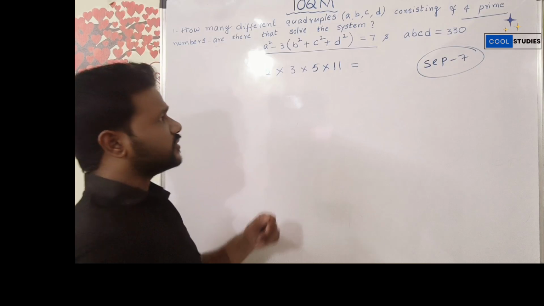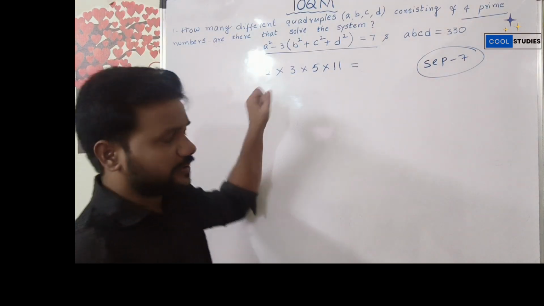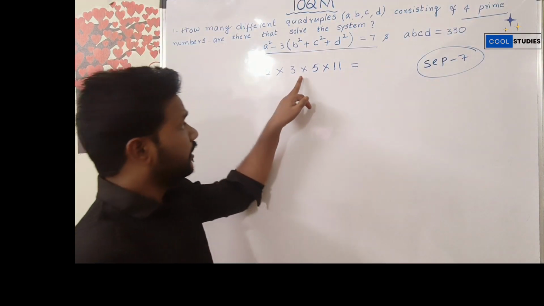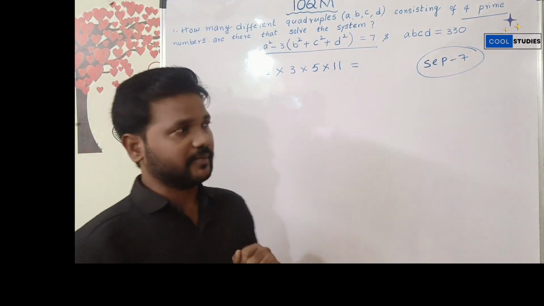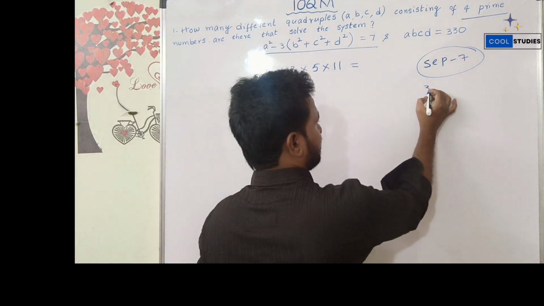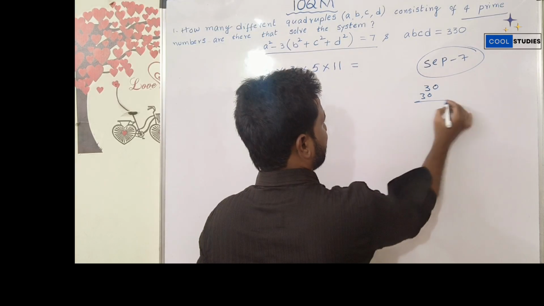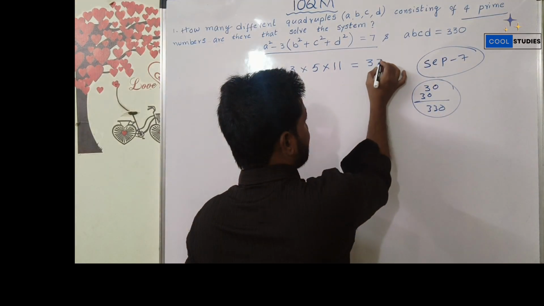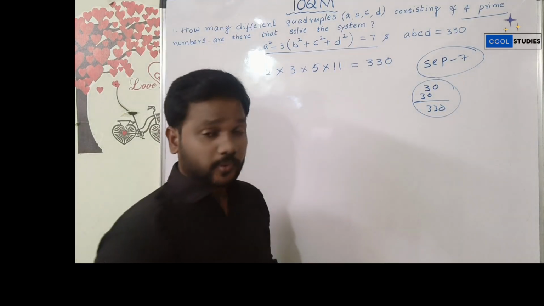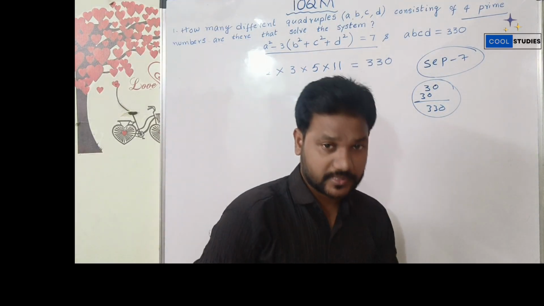If we observe, 2 threes are 6, 6 fives are 30, 30 into 11, so what do we get? 330. So I am writing 330 as a product of four prime numbers.